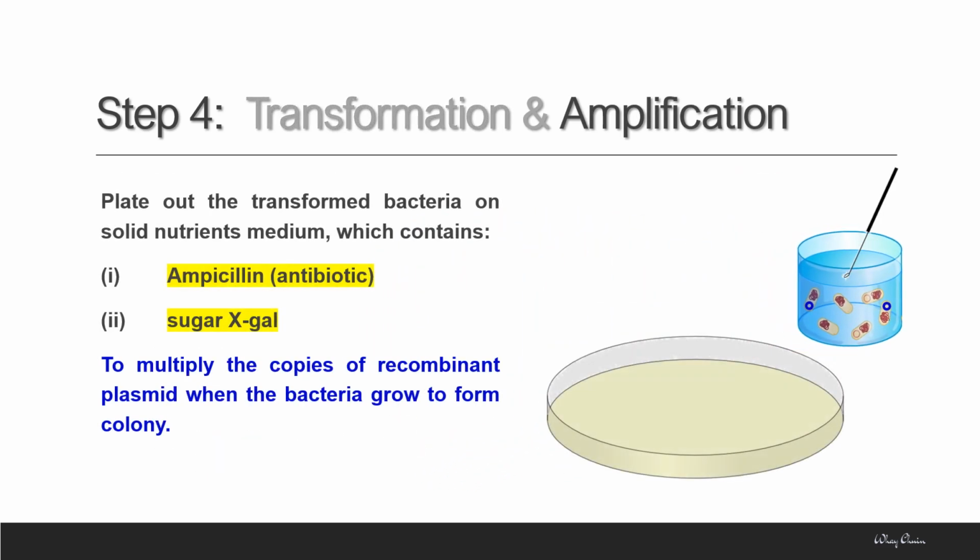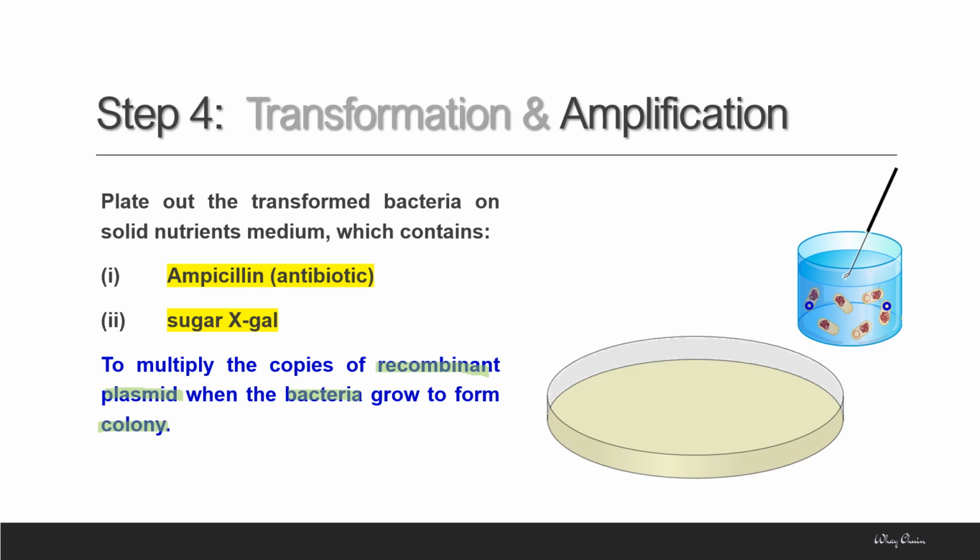Let's study amplification in step 4. Amplification means to make many copies. So to produce many copies of recombinant plasmid, we need to provide a medium for the bacteria to grow into a large number. And the large number of bacteria we call a colony.